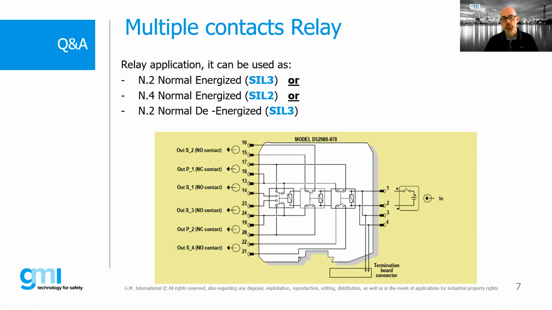This allows us to drive at least 2 SIL loads with only one relay. In fact, this relay allows applications in which we can simultaneously drive 2 normally energized SIL3 loads, or up to 4 SIL2 loads, always normally energized, or even 2 normally de-energized SIL3 loads.